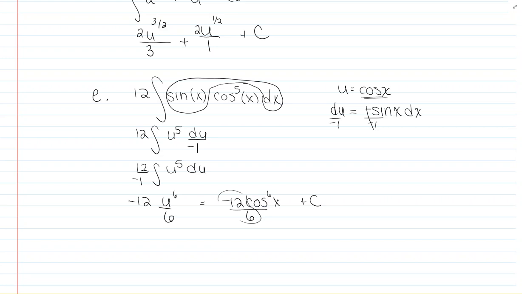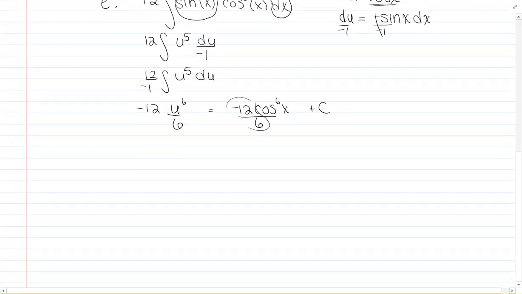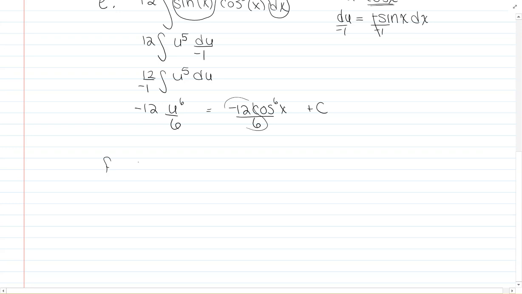Trying to see real quick here. On letter F, find an antiderivative, so it's -4/5, pull that out in front, cosecant squared x over 5 dx. So I think I'd let u equal the inside thing.